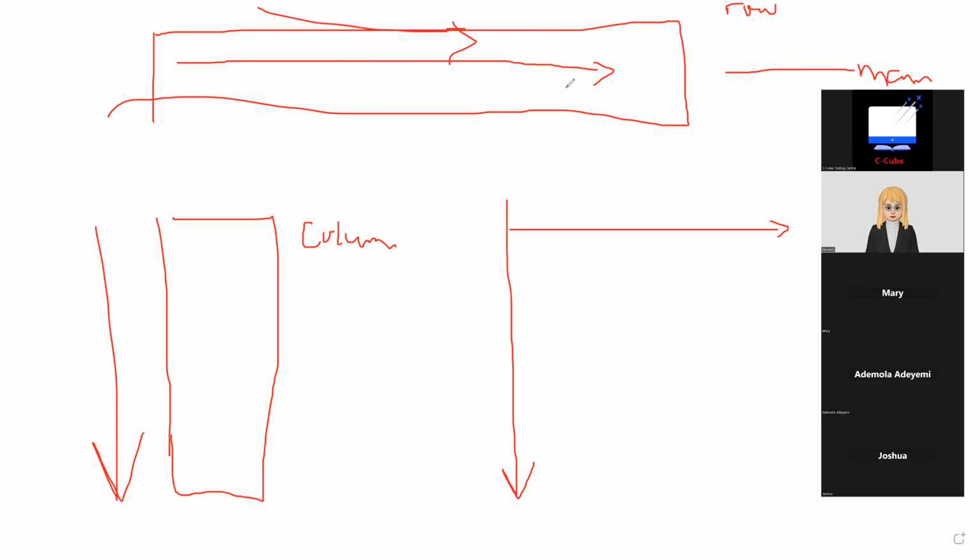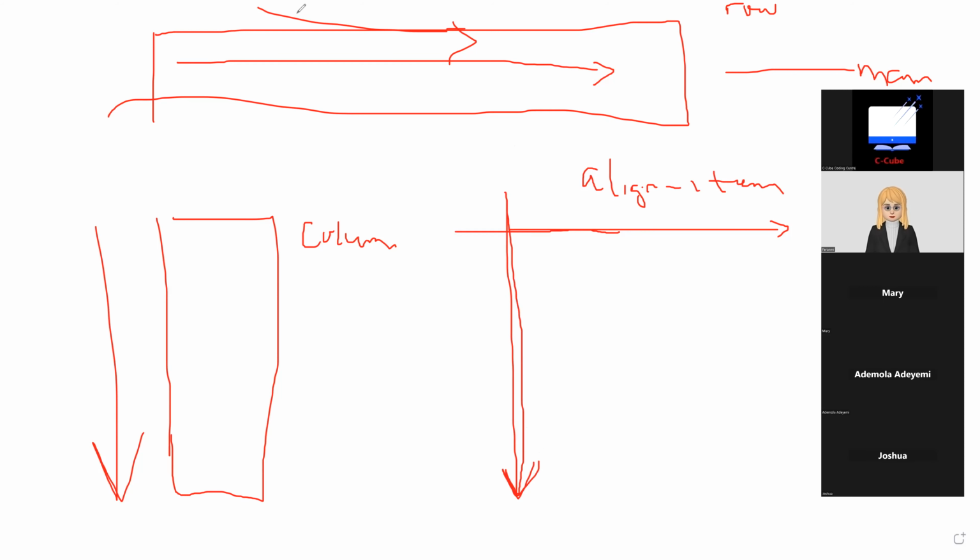But in grid, justify items and justify content always go in the horizontal direction, whereas align items and align content go in the vertical direction.